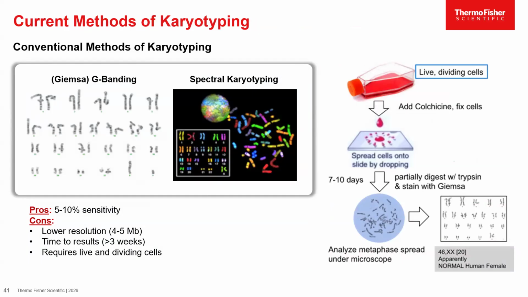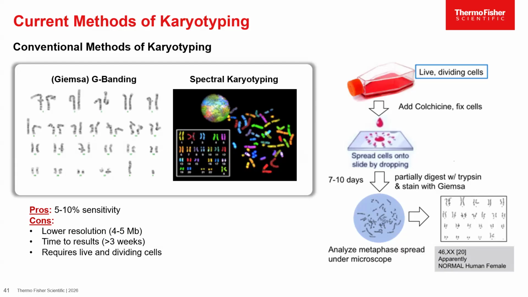I'm sure all of you have seen this in your traditional biology textbooks, these chromosomal spreads or Giemsa stainings or G-band stainings, where the idea is you have live cells that you drop onto a slide and you analyze the metaphase spread under a microscope, where your goal is to align the different chromosomes, knowing that you should have two of each, and compare the length of these two as they're stained with this banding pattern, right?